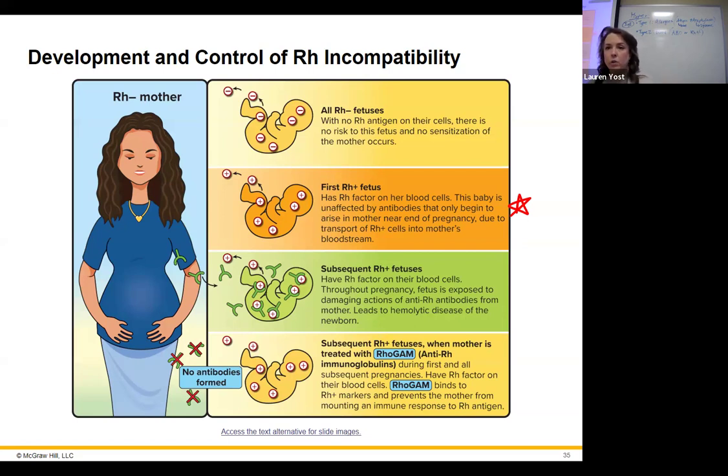So the antibody is going to start acting complement and lysing, basically bursting, breaking down those red cells in the baby. The baby's a lot smaller than you are, so the baby's not going to stand a chance. So what happens is if you are somebody that has Rh negative blood type and you had a Rh positive baby originally, and this is your second one, the odds of you giving birth stillborn is high, very high.